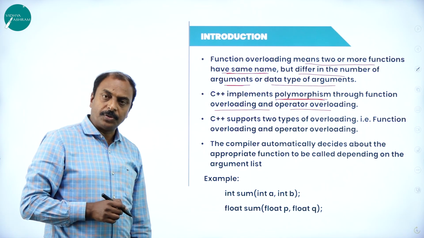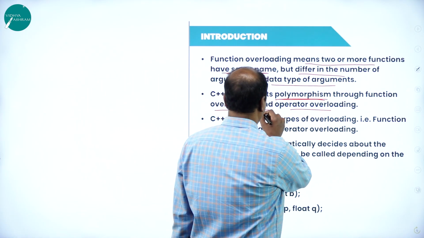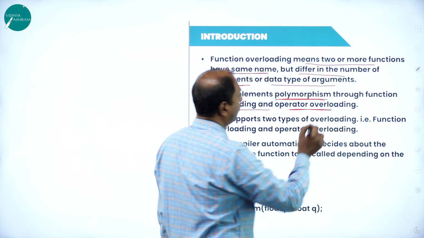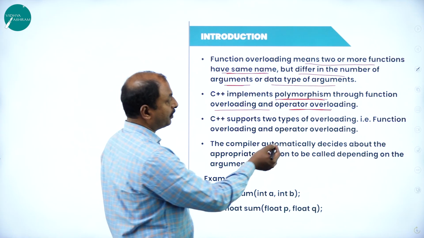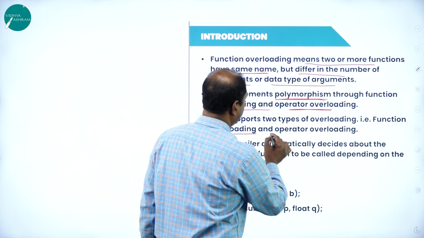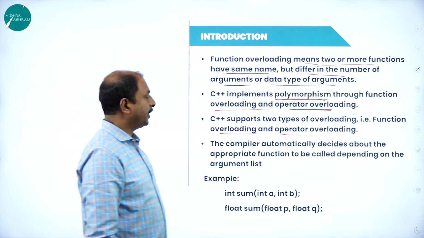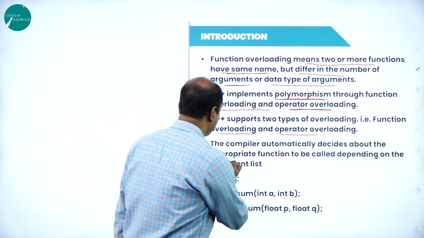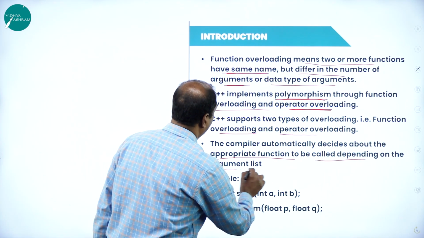Please note down that C++ supports two types of overloading, that is function as well as operator overloading. The compiler automatically decides the appropriate function to be called depending on the argument.